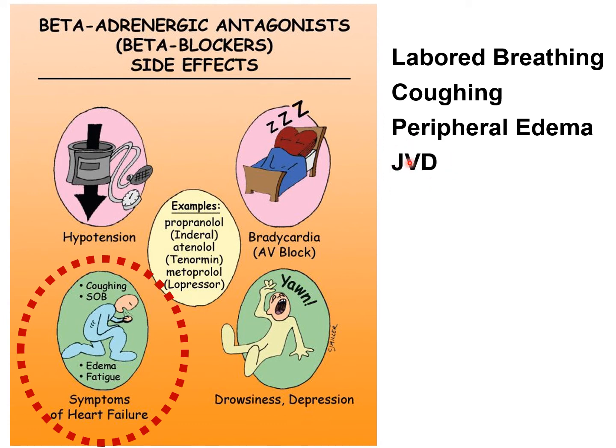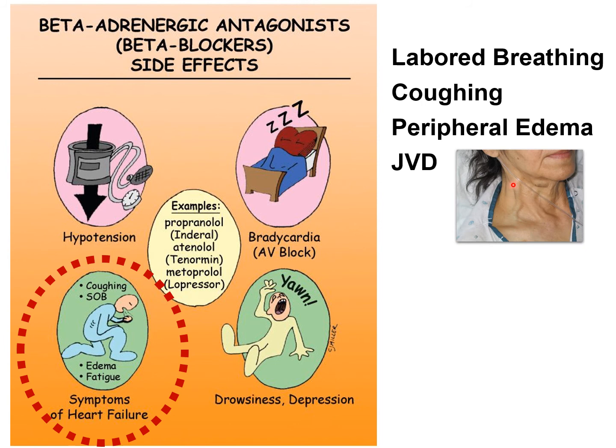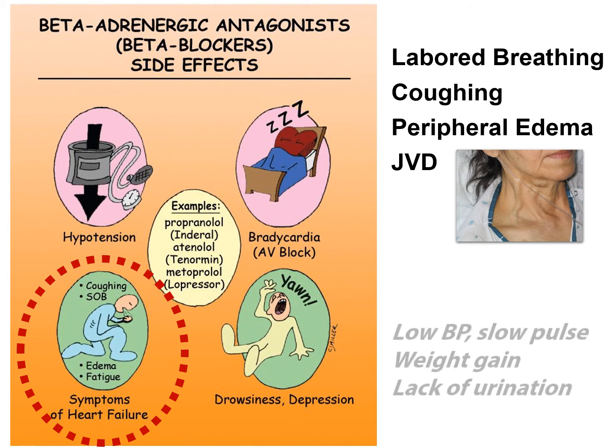Something called jugular vein distension. What's happening here is that fluid is starting to accumulate in the lungs, and so they're starting to get a fluid backup. And this is what it looks like. You start to see pronounced distension of the jugular vein right above the clavicle there.